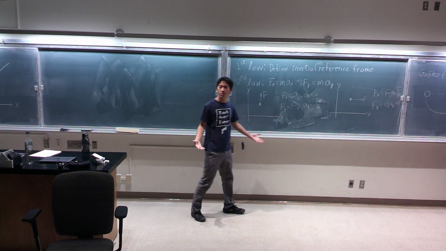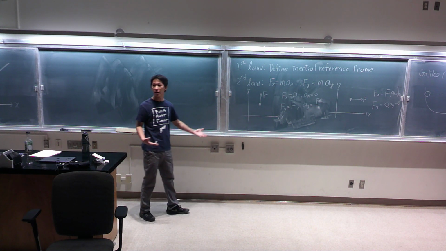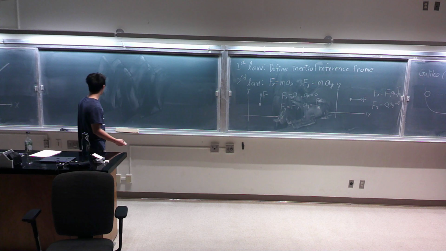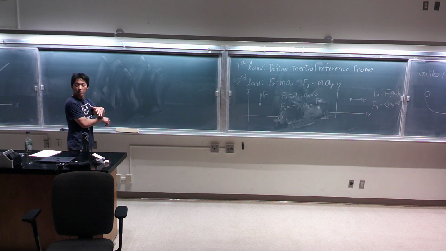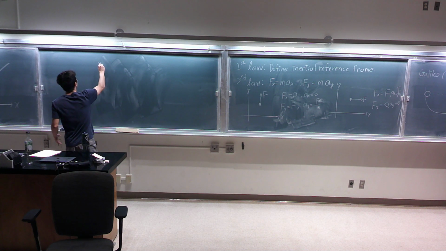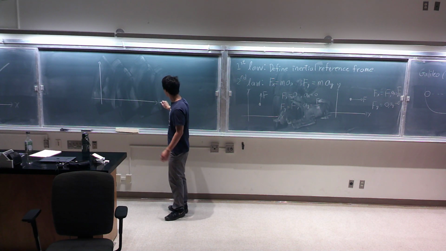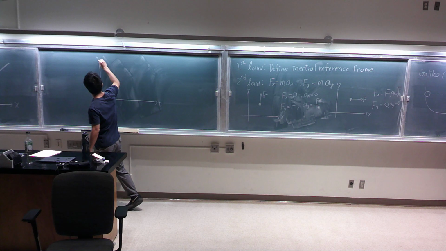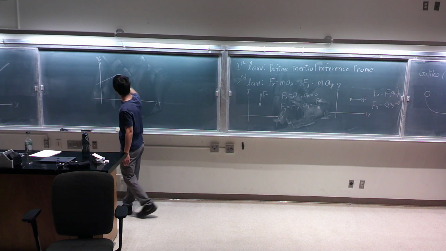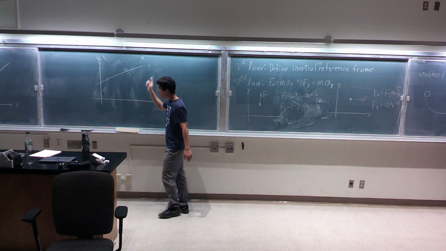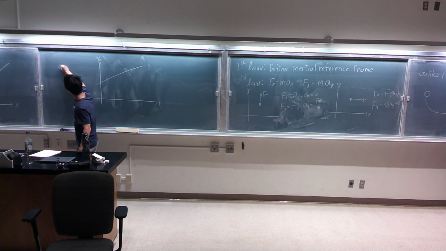But how do you get the motion out from the acceleration? I hope you all have done the previous homework. If you have acceleration, let's say in the x direction, then your x velocity will be changing. This is only if the x acceleration is a constant.